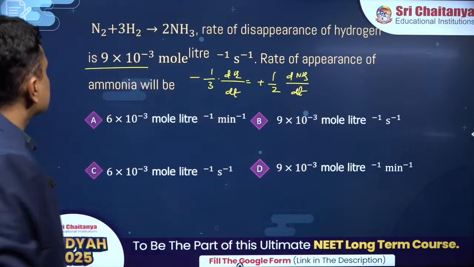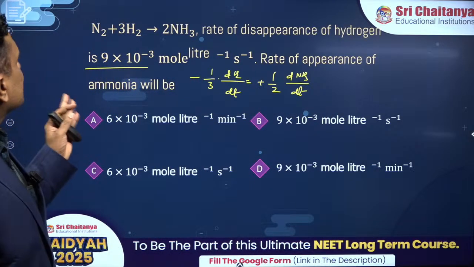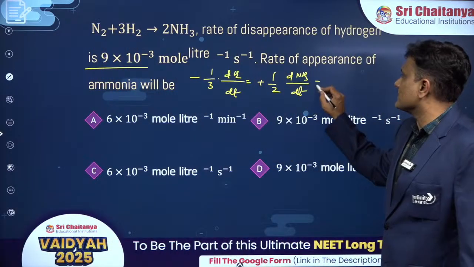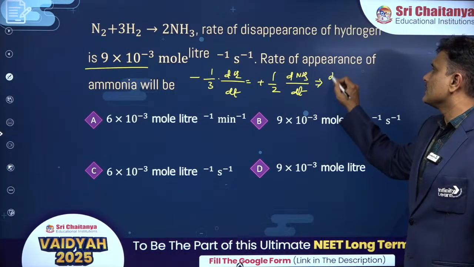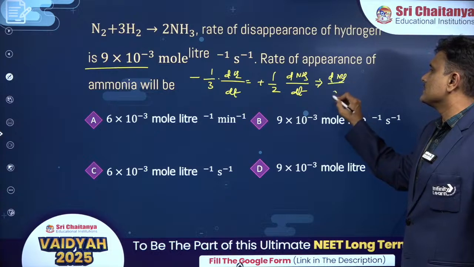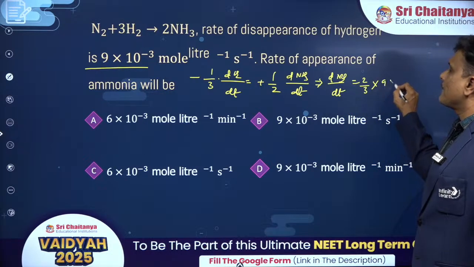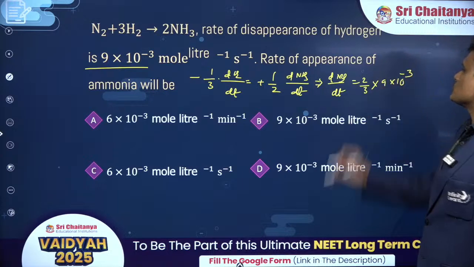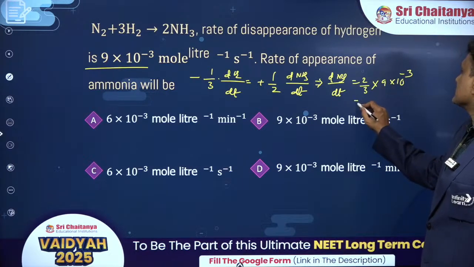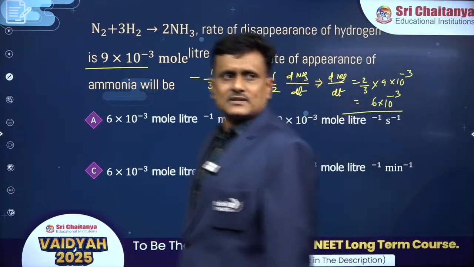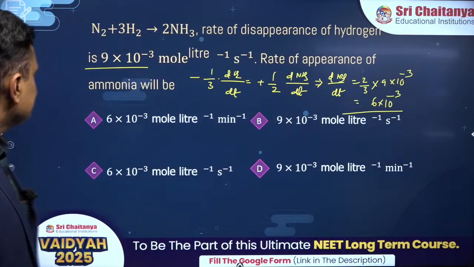This is the equation, isn't it? Now you are given the rate of disappearance of hydrogen. So the rate of appearance of ammonia would be, what's your answer buddies? dNH3 by dt is equal to 2/3 of minus dH2 by dt. You got your answer, isn't it? 6 into 10 to the power minus 3. Simple questions, right? Even MHT-CET standard.